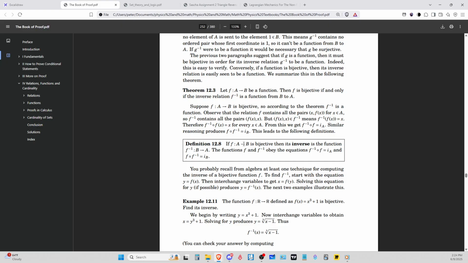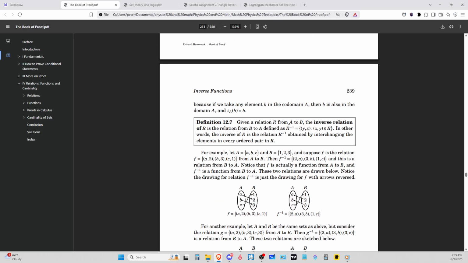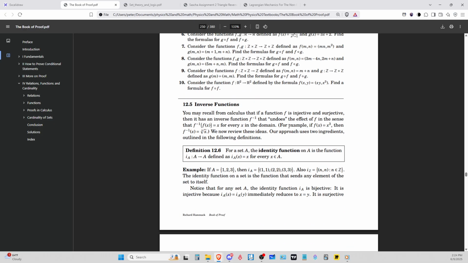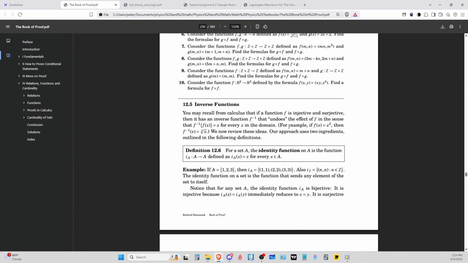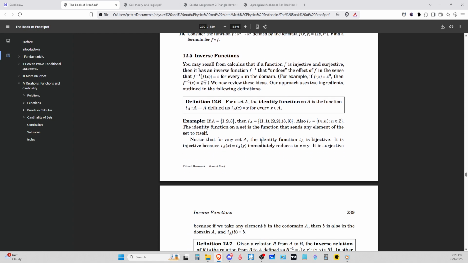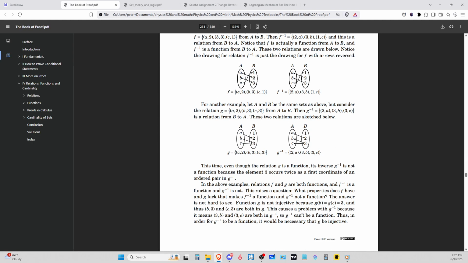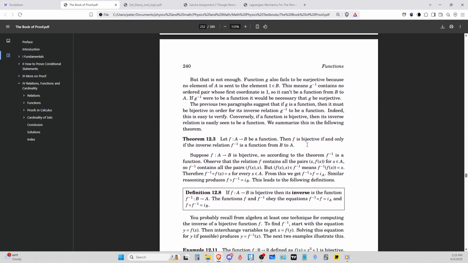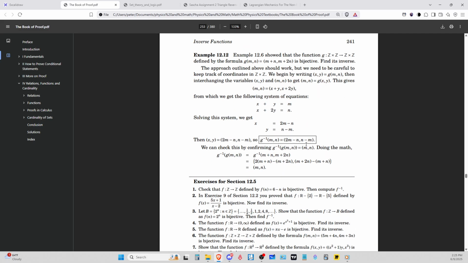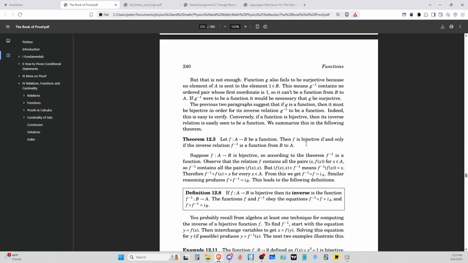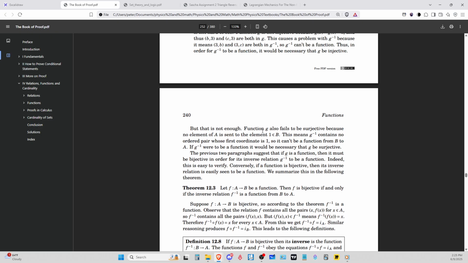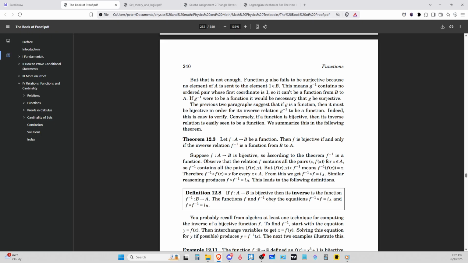If f is bijective, then its inverse is... Did they define what's a left inverse and what's a right inverse? It seems like they don't cover what it is, unless it's further in here. No, actually, this section is relatively short. Huh. There's nothing about left or right inverse.